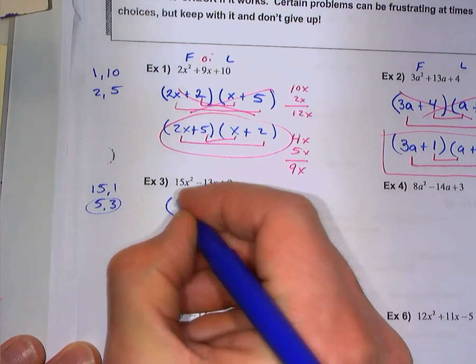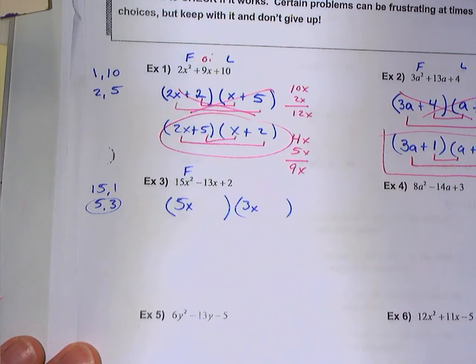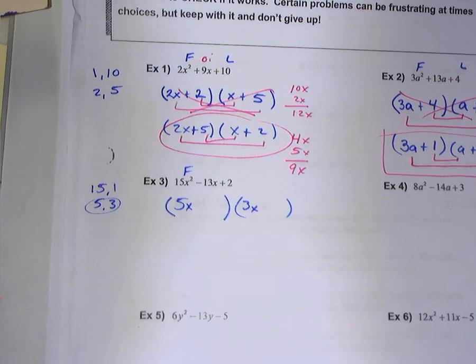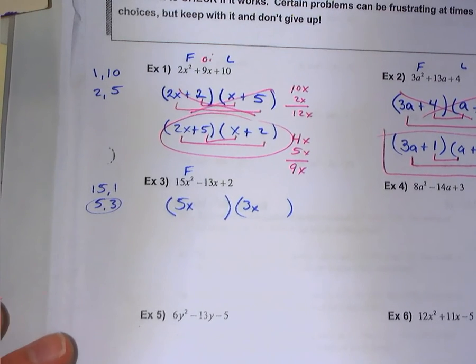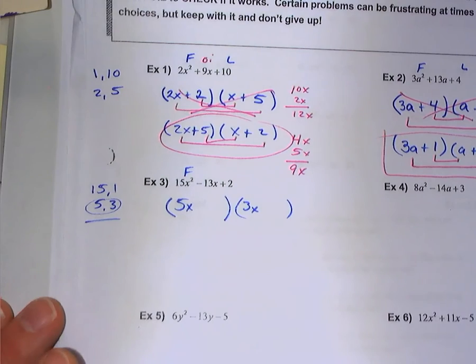All right, so I got 5x and 3x are factors of 15x squared. Are we okay with that? 5x and 3x? Now, if you do 3x and 5x, that's fine. I usually put the big guy first, the big number. That's just how I do it. That's how I roll. And now I got factors of 2.